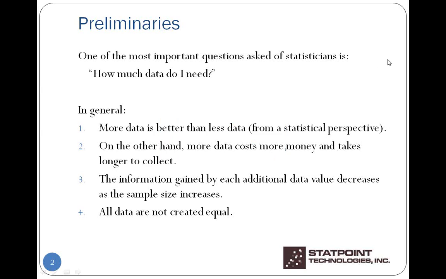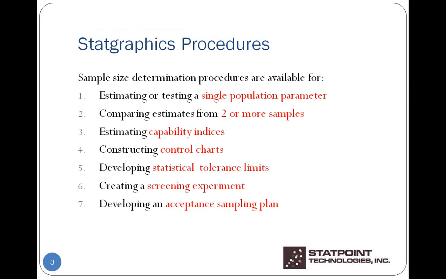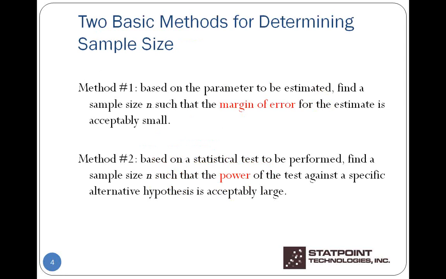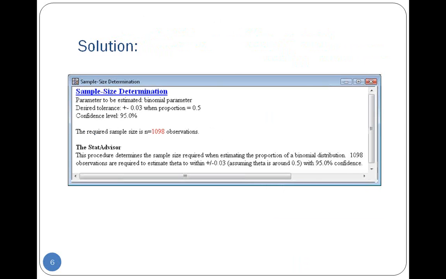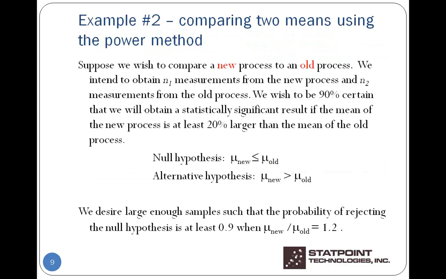Now, the only reason that 30 is any sort of a magic number is that that is large enough so that if you are estimating a mean, as I did, for example, here, when I had a new process and an old process.